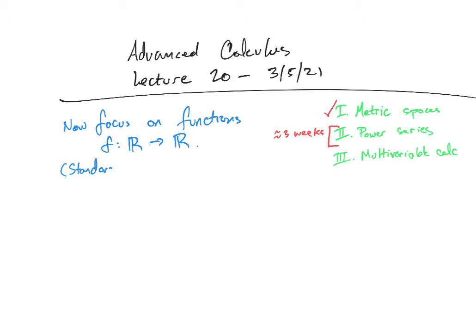We are always thinking about the standard metric. Okay. So things like compactness and uniform continuity, these concepts from the first half of the course will come up here, but we're always going to be in this one metric space. Okay, so the different metric spaces aren't going to come up here.